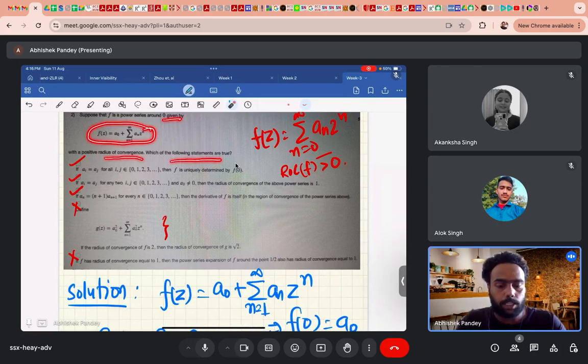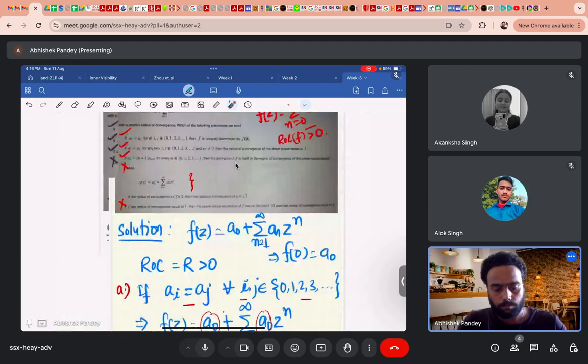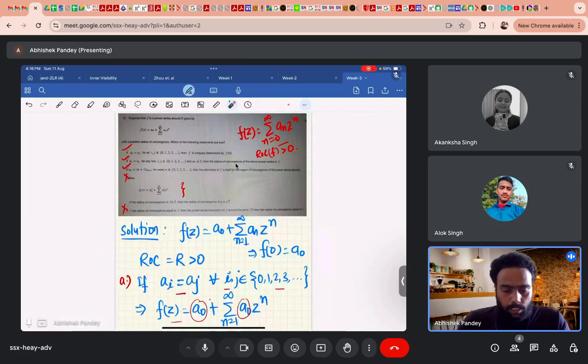Which of the following statements are true? If ai is equal to aj for all i, j belonging to this set, then f is uniquely determined by f of 0. Let us see this one. f of z is nothing but this one. What does it mean? f of 0 is equal to a naught, and the radius of convergence is r, which is positive.